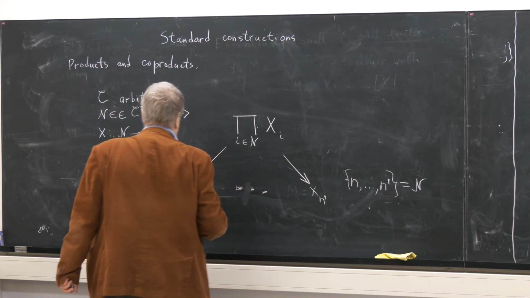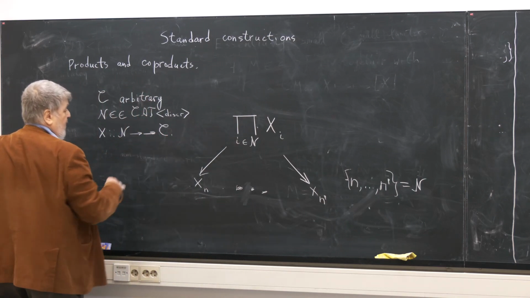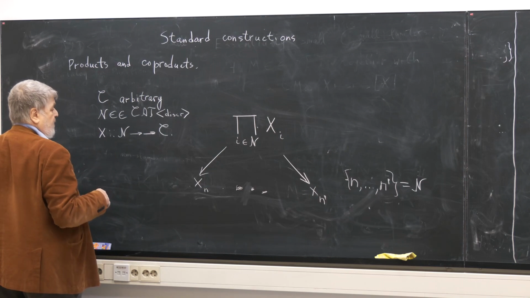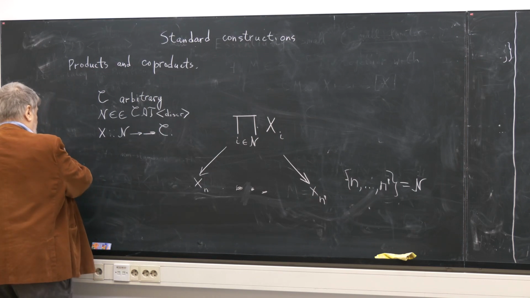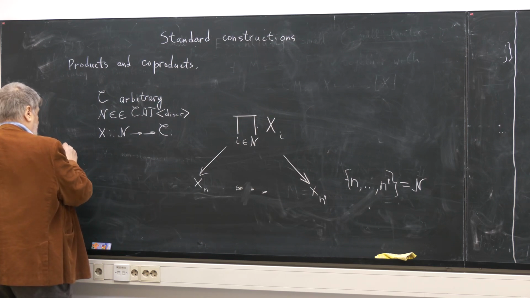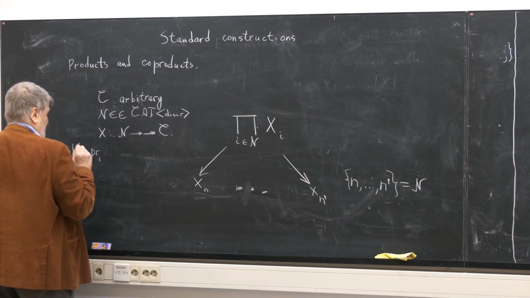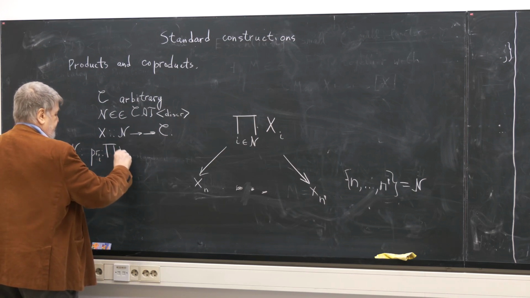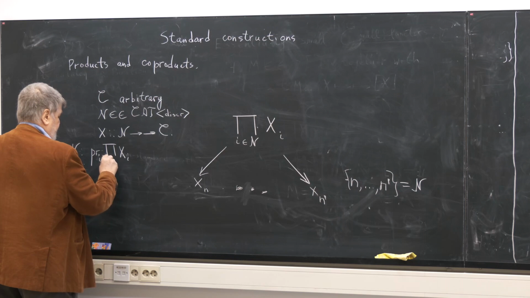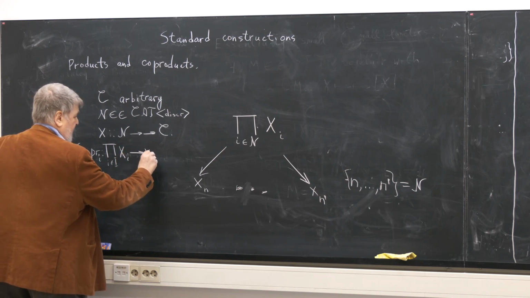And the product exists whenever this object can be called product whenever it is supplied, for any I, with a projection sub I from the product to x_i.